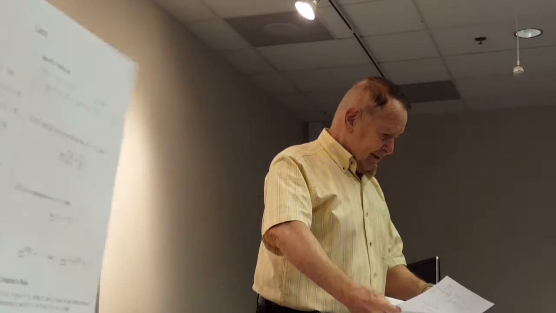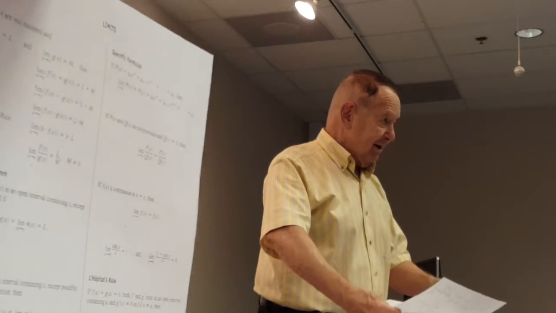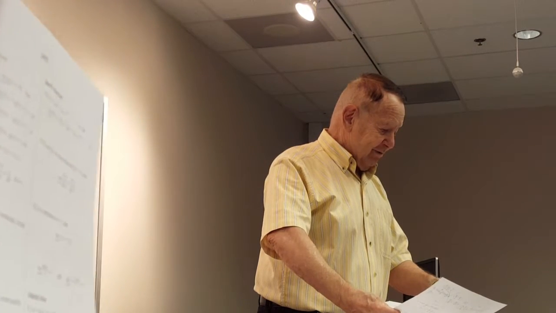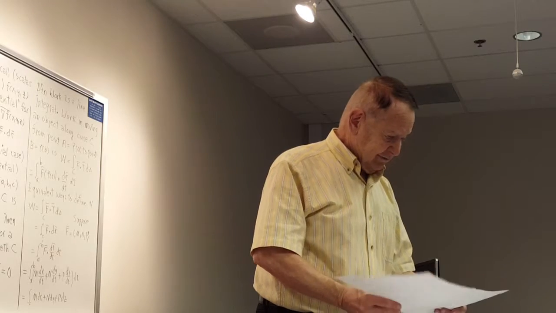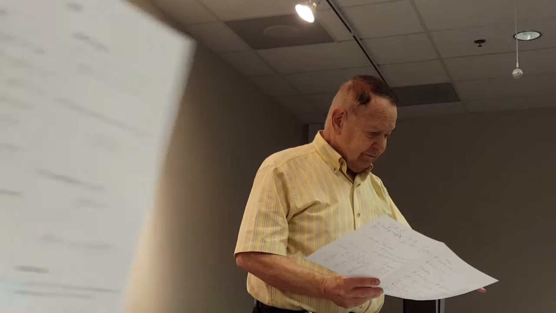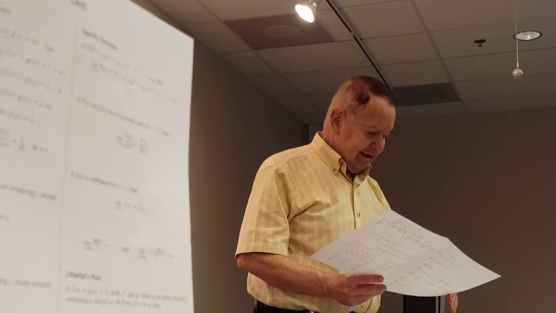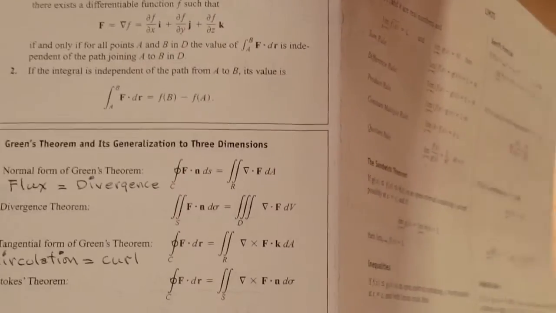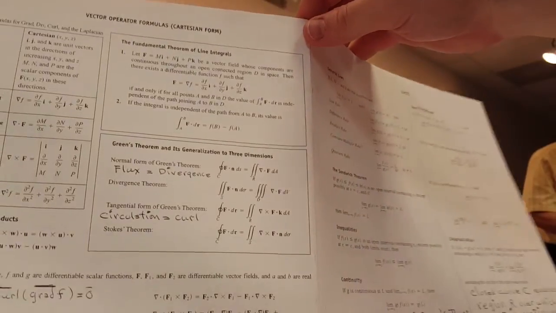And you see there on the left, if you're looking at that side of the sheet of paper, it's vector operator formulas, Cartesian form, and you see down there vector identities on the left-hand side of the page, and the very first one you see is del cross del f equals zero vector.